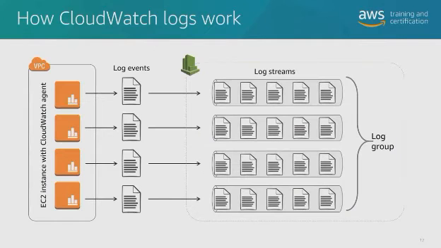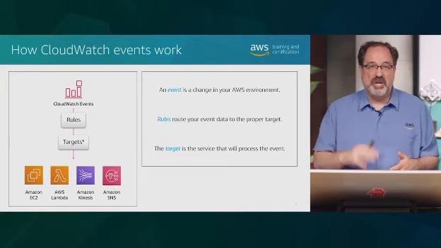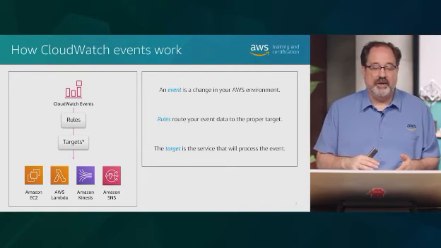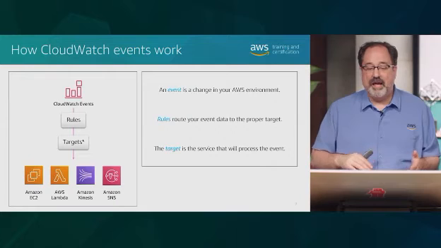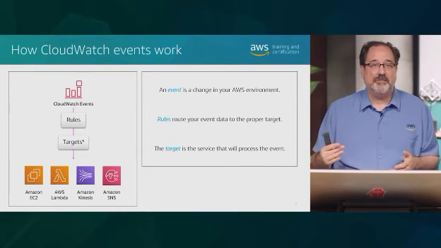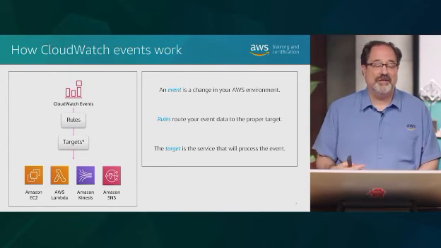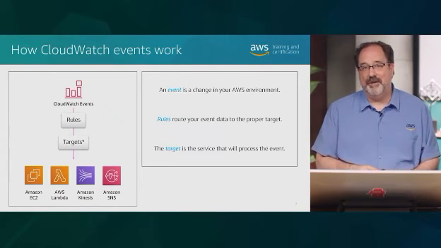CloudWatch Logs, again, from instances that have the CloudWatch agent installed, can take those logs, automatically push them into a log stream that can be grouped together for aggregation. CloudWatch Events looks at specific changes that happen inside your AWS environment, and can take the rules that route those event data to the proper targets. Targets within the service are going to actually process those events so you can take actions from them.